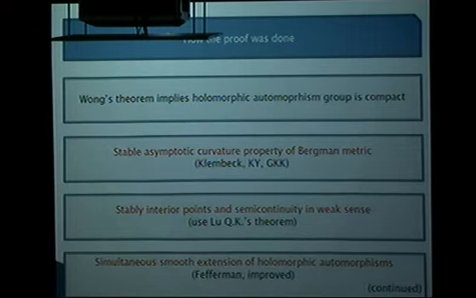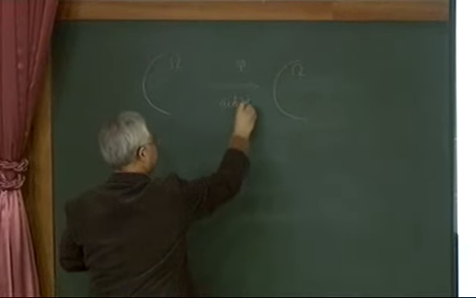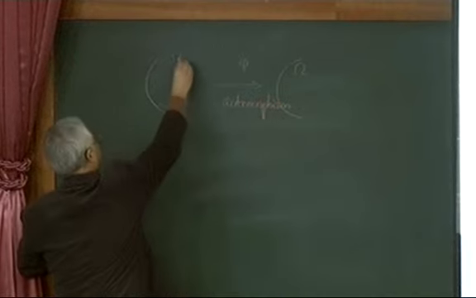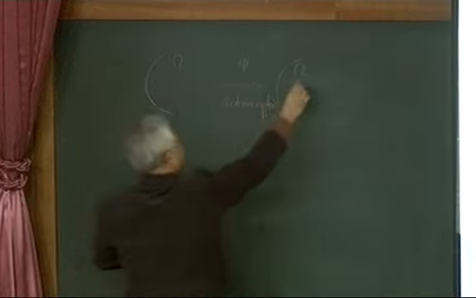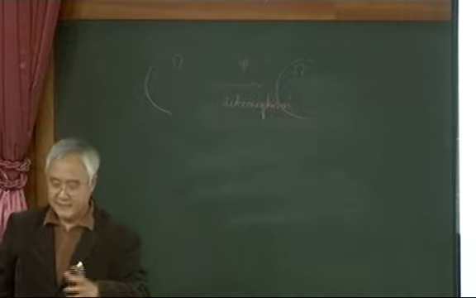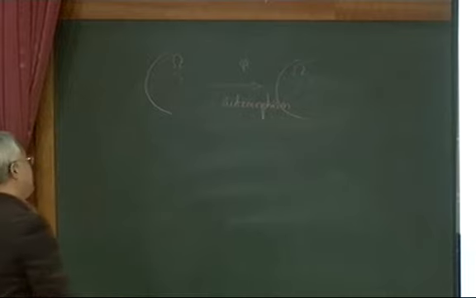Here's a domain omega, and it's going to perturb. But I'll just discuss the holomorphic automorphism. A holomorphic automorphism is a map of interior to interior. It doesn't say anything about the boundary. It's a very good map in the interior. On the boundary, we don't know.